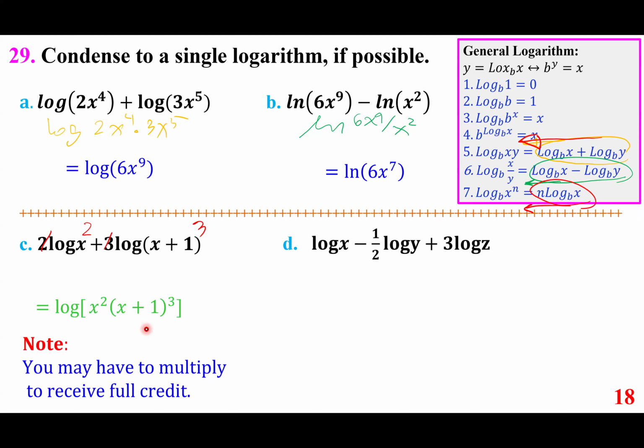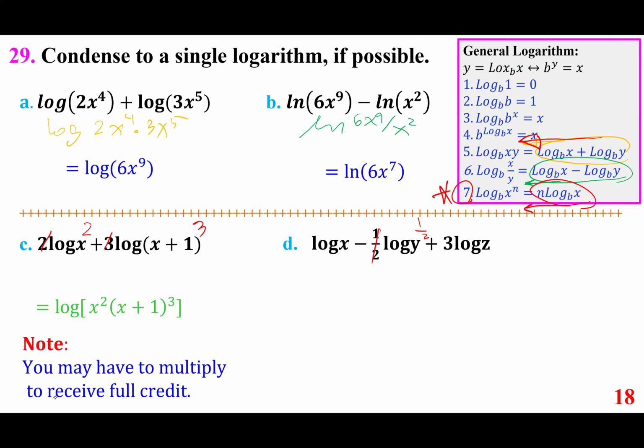What happens here is that we notice this one and this one have the same sign. That means a plus sign. And we can put them next to each other. This one has a negative sign. We put the 1/2 here. Again, we are looking at number 7, the reverse process of number 7.